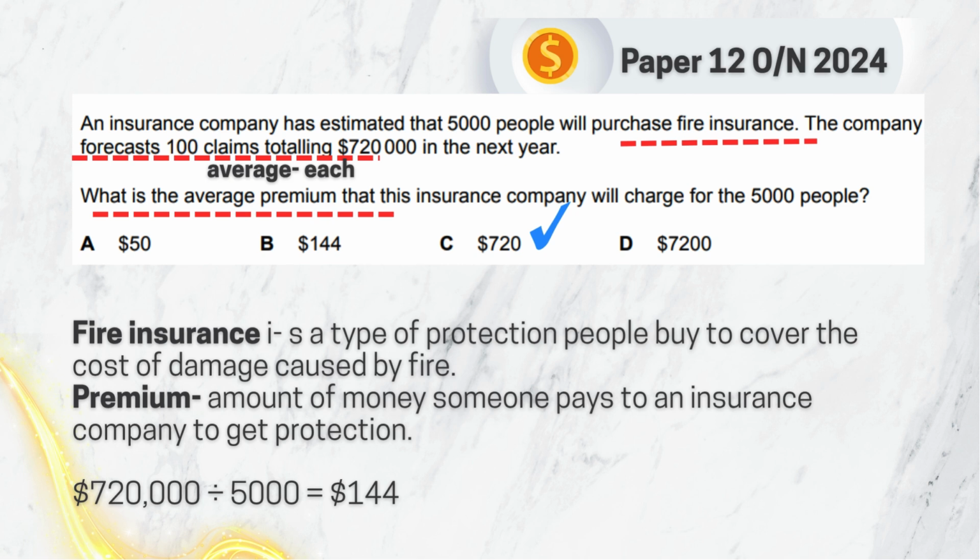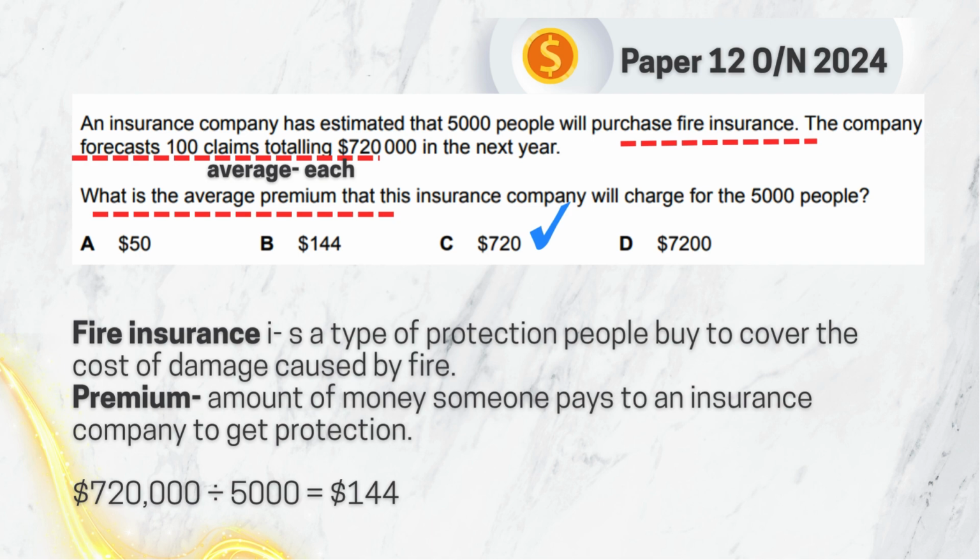Okay, so first, what is fire insurance? Fire insurance is a type of protection people buy to cover the cost of damage caused by fire. So if someone's house or property catches fire, then the insurance company pays for the loss based on the policy agreement.